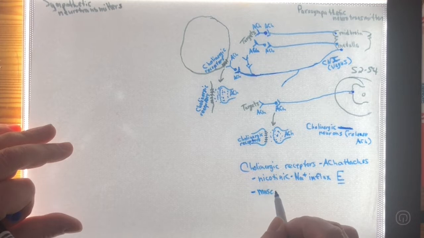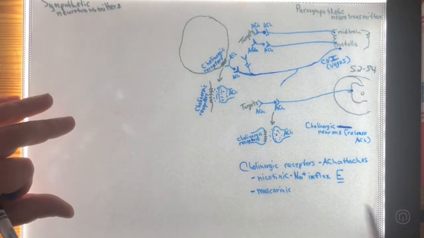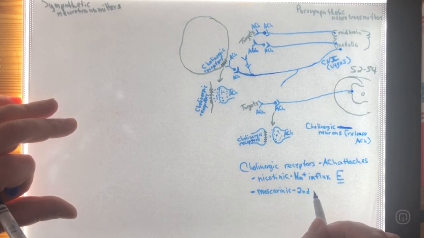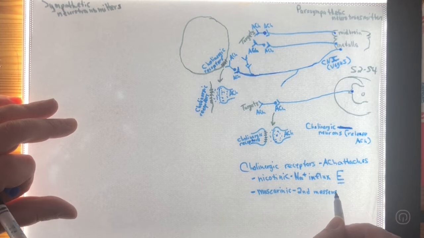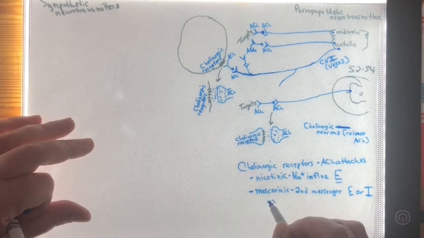The story is a bit more complex with the muscarinic cholinergic receptors. Muscarinic receptors work through a second messenger system, or a G protein coupled receptor system. Therefore, what they do is they make some kind of changes within the cell. They tend to be a little slower to work, but they also are quite powerful.